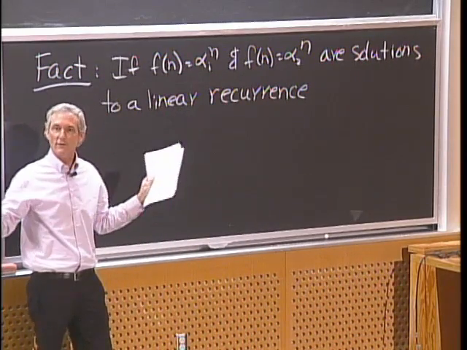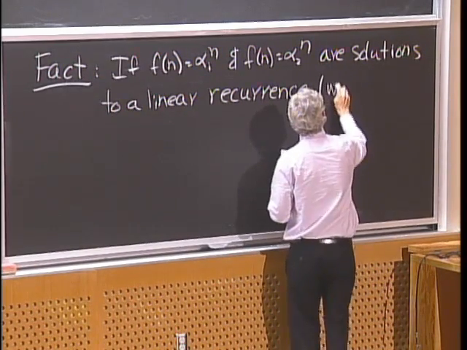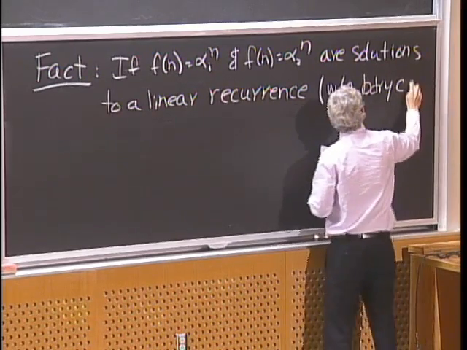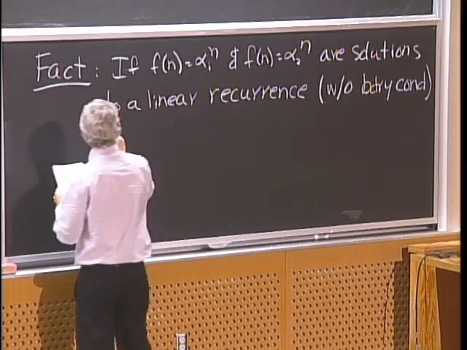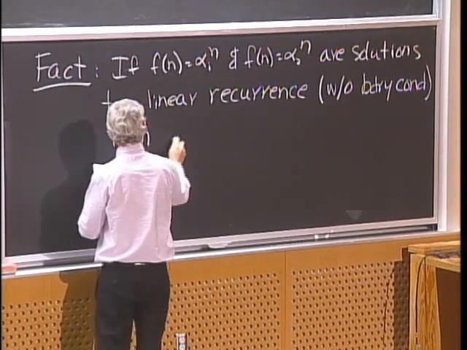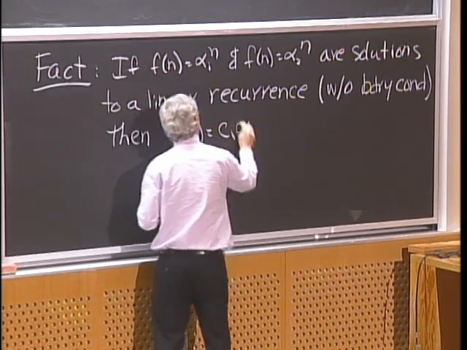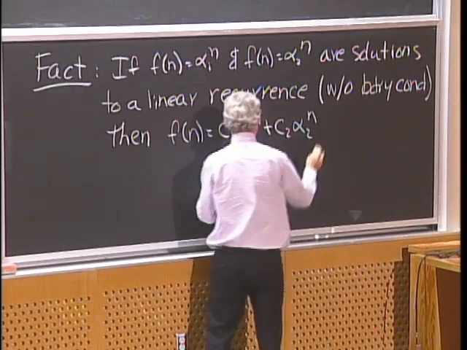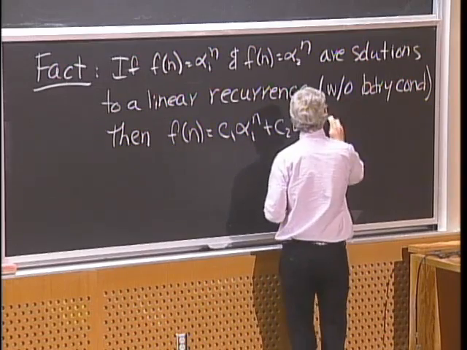So far we've ignored the boundary conditions, and we'll just do that for a little longer. So if there are solutions without worrying about the boundary conditions, then f of n equals c1 times alpha 1 to the n plus c2 alpha 2 to the n is also a solution for any constant c1 and c2.